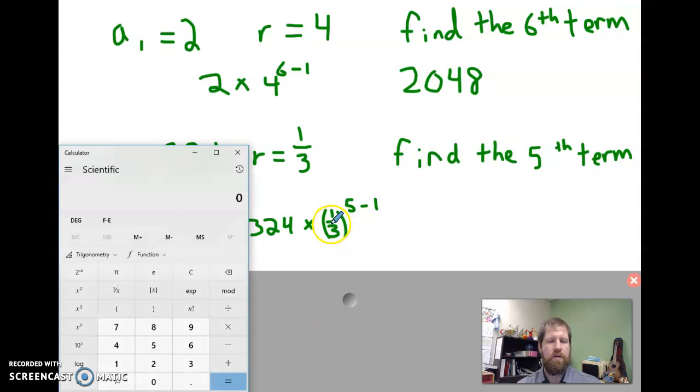When we're doing that, remember you don't have to worry about the 1 in the top. If this was a 2/3, I could do 2 to the 4th power over 3 to the 4th power, and then multiply that. In this case, we just forget about the 1. So we've got 3 raised to the 5 minus 1, or 4th power.